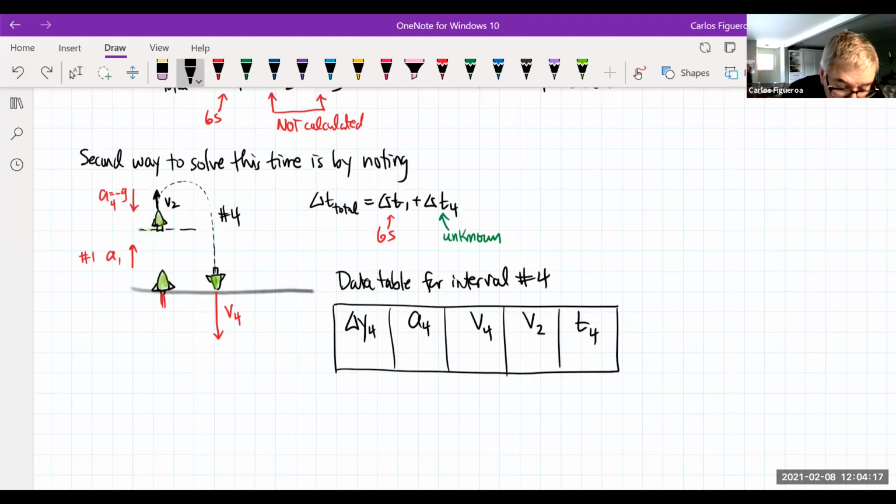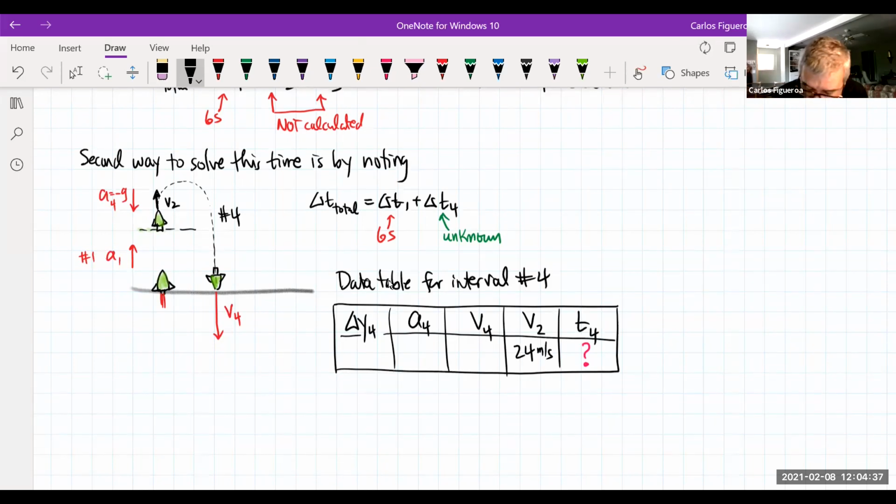Well, clearly what we want to do here is solve for this guy right here. We need that T4. Well, do I know what V2 is? Absolutely. We computed that earlier. This is 24 meters per second.